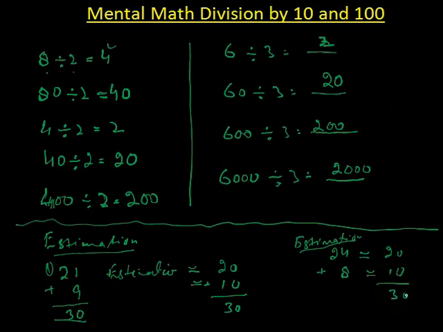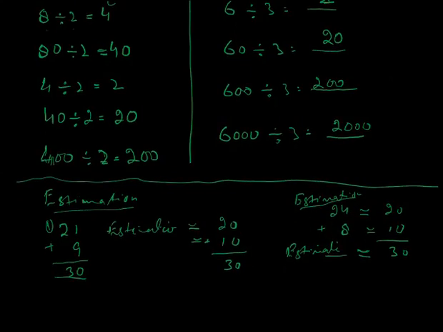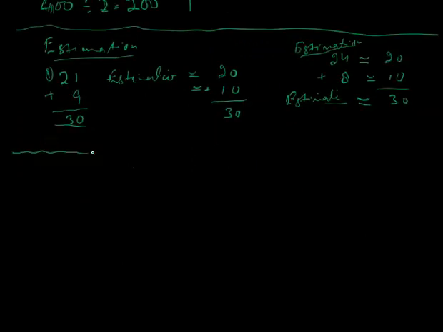So the answer is also 30, but it is not exact. It is estimation. So we write this notation. It is not equal to, it is estimation. So whenever a question is given and you are asked to estimate the number, you have to round it.